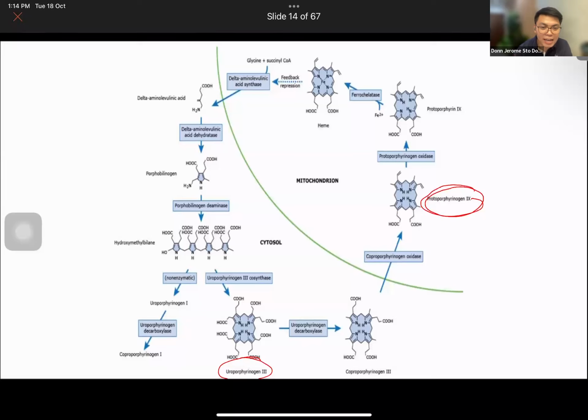Do you agree, Linnea? No po, Doc. So if you don't agree, what's your answer? Uroporphyrinogen po. Okay, and why is that? Bakit mas water soluble ang uroporphyrinogen?